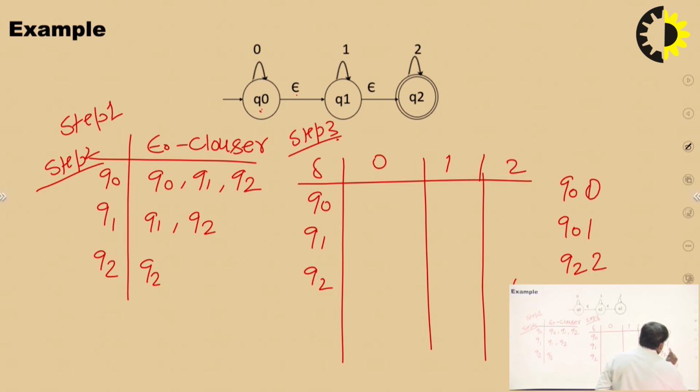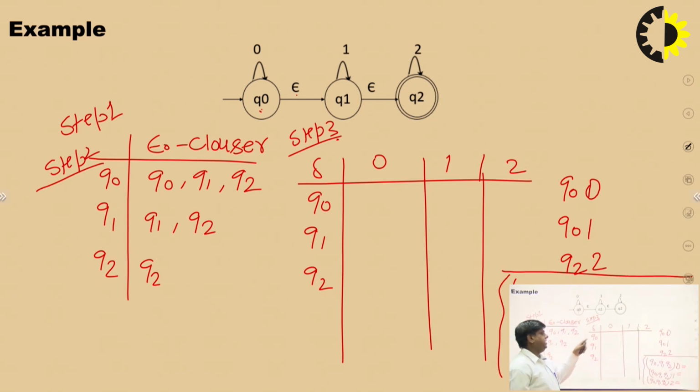We check the transition on 0. For Q0, Q1, Q2, we check the transition on 0, 1 and 2.